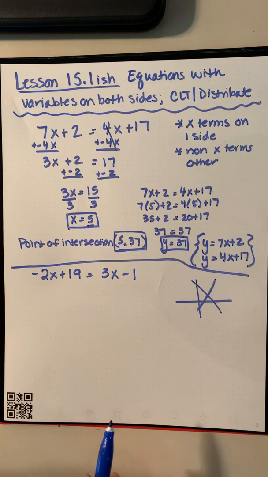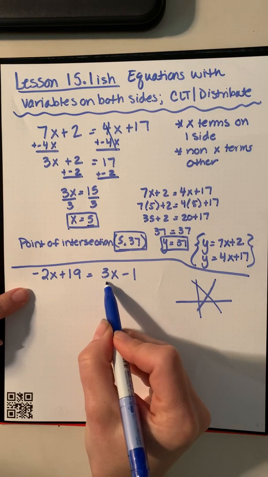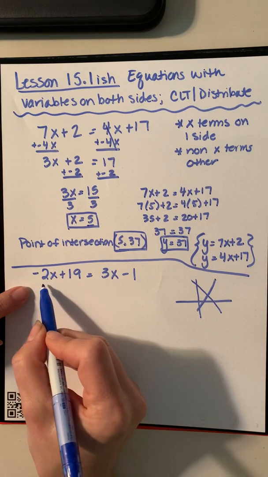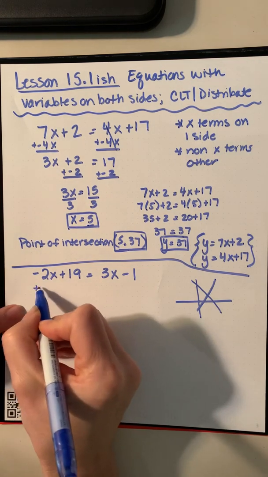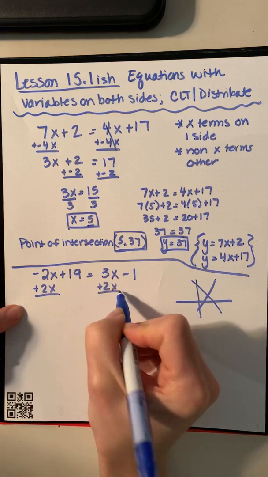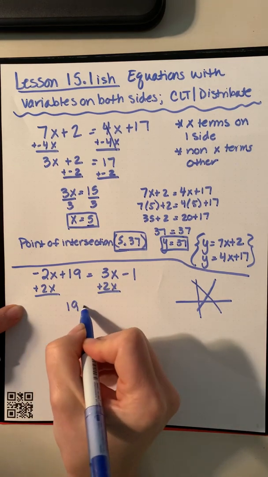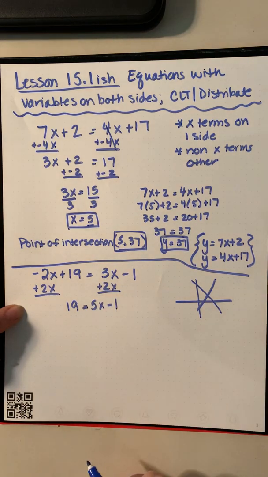So let's go ahead and solve. Now, if I add a negative 3x to both of these sides, I'm going to end up with negative x's over here, and I'd love to avoid that if possible. So instead, I'm going to add 2x and add 2x. I now have 19 equals 5x minus 1.